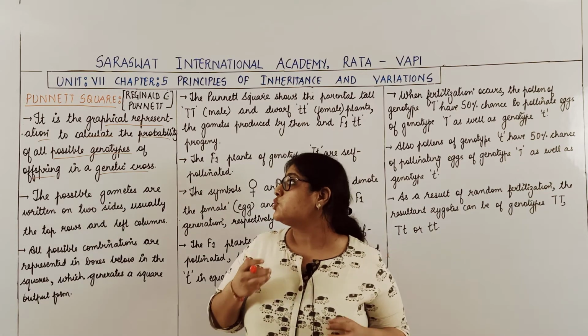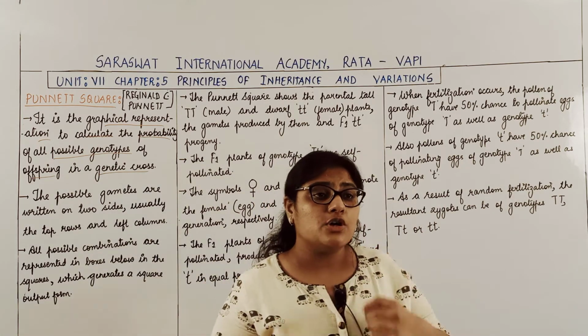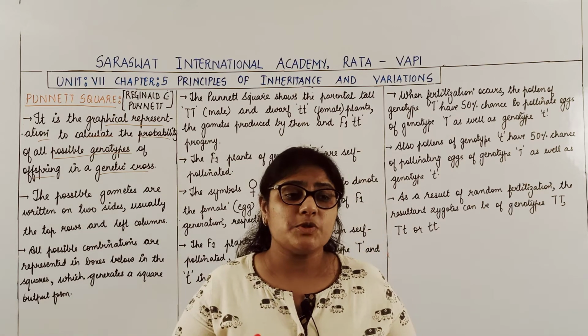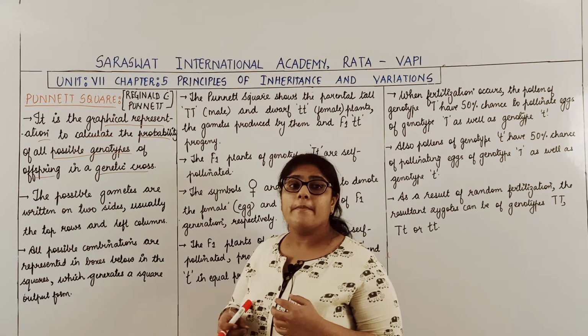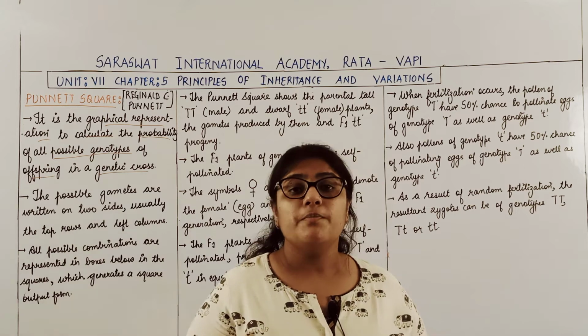So students, if we want to know what could be the possible genotypes of the offspring, then this could be shown by the graphical representation called the Punnett square.